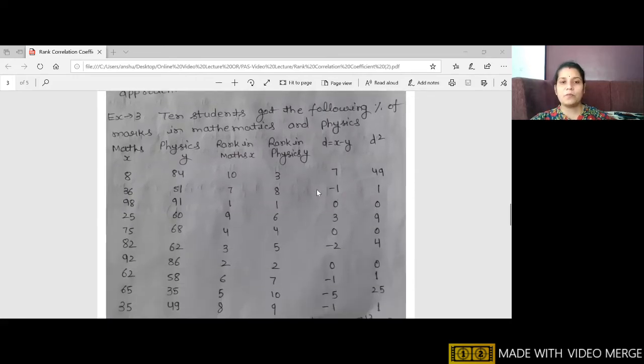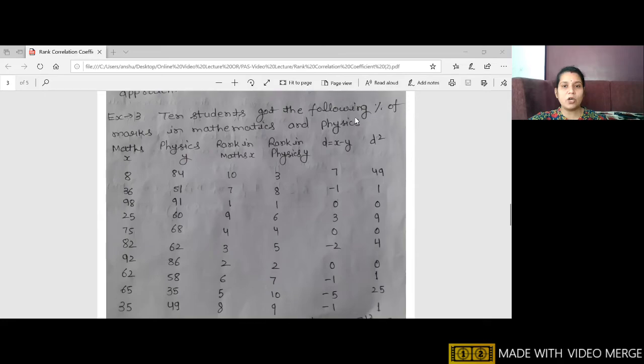Okay, so the next question is, always keep in mind, in rank correlation the questions always depend on rank, not on marks. Okay, so this is the third example. 10 students got the following percentage of marks in mathematics and physics. Okay, read carefully.